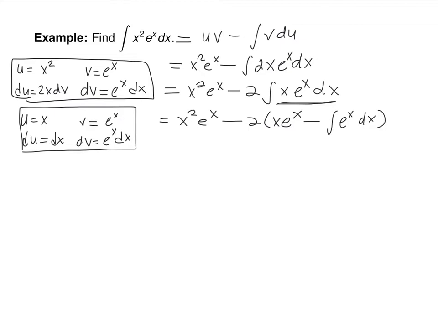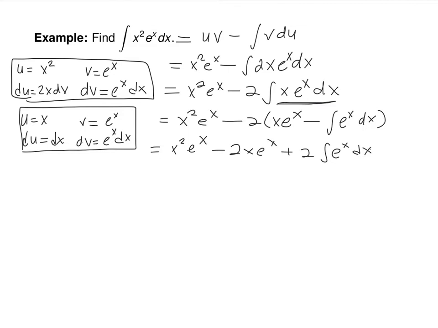I think it's easiest at this step to distribute that negative 2 through. Don't forget to send the negative along with it. So you have x squared e to the x minus 2x e to the x plus 2 integral of e to the x dx.